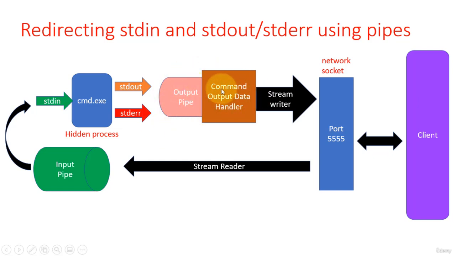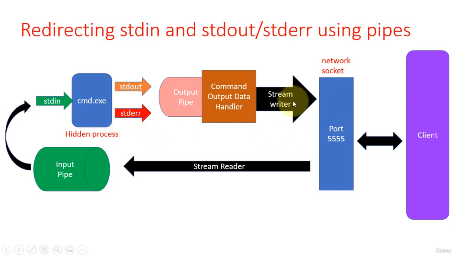So this is the design in C#. Both are actually the same thing. The output pipe is also the command output data handler. And then the stream writer is the same stream writer that we saw in all our previous lessons. Stream writer is used to push data into the socket. So this is nothing new here.